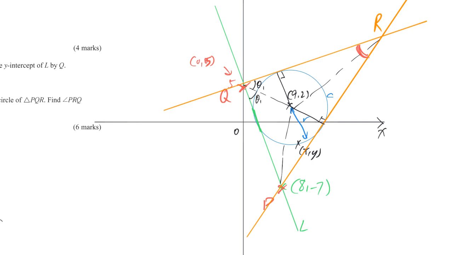Because of the bisection, this is theta 1 also. For a similar reason, I can find this angle, theta 2. After I get theta 1 and 2, I can use the angle sum of a triangle to get our target. This is our strategy. So we just focus on a single triangle first. Maybe we focus on this one.